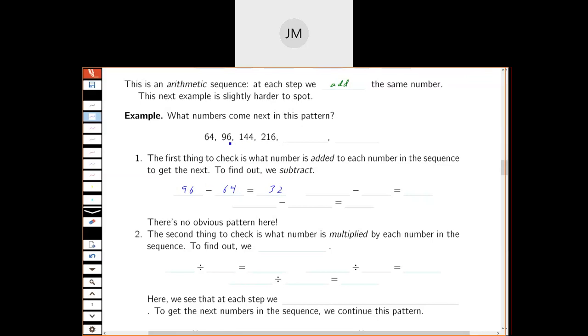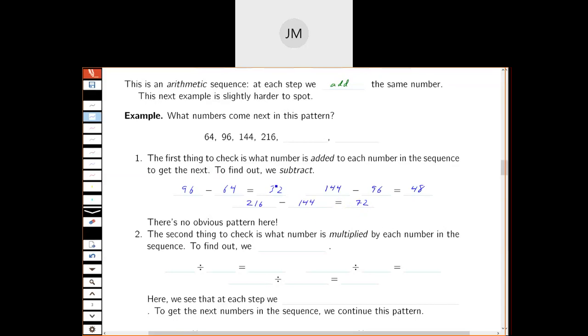Now let's see for the next pair, right? For the second pair, 144 minus 96 gives me 48. Well, that's not the same, but let's just keep going. For the last pair that we have available, 216 minus 144 gives me 72.